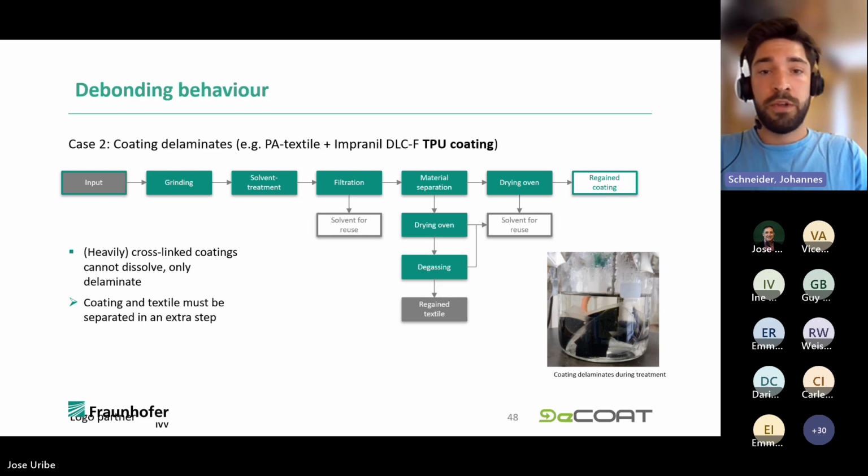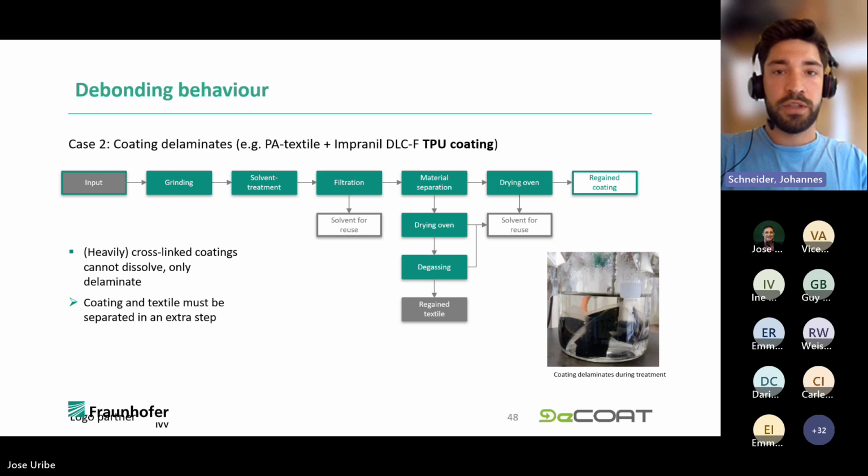This means in terms of processing that an extra separation step is required to separate the coating from the textile material, which are both swimming in the solvent. So this could be via density separation or other separation steps that would then have to be included in an industrial process. But the rest of the process would be the same.